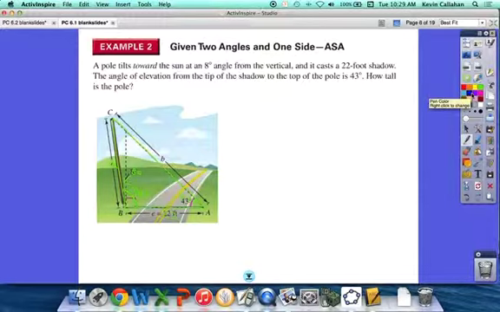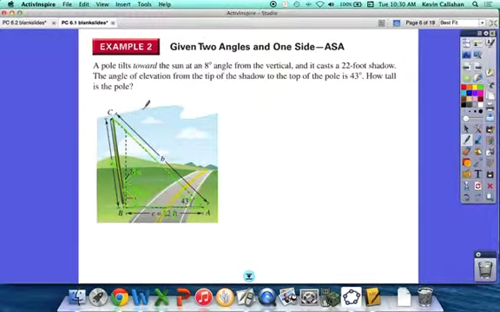Right. This one didn't say find all the missing sides and angles. We actually only have one thing we have to find here. Well, let's see. In order to use this, we need to know one angle and opposite side. We know that angle, we know that angle, we know the included side. We need to know that angle before we start. What is that angle? Or how will we find this angle? You're going to subtract, right?